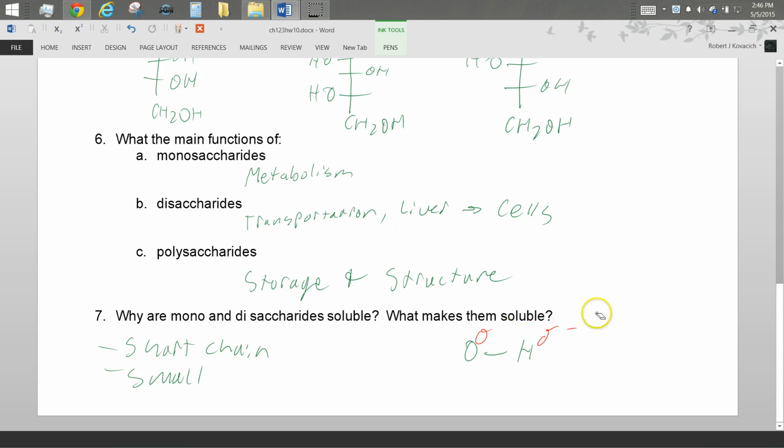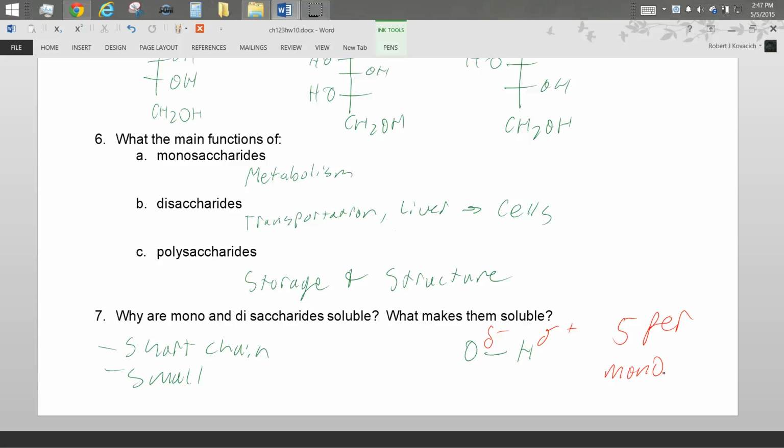Totally got that backwards. So how many of those OH polar bonds are there? Five of them per monosaccharide, plus they've got an oxygen inside the ring structure, so there are two more lone pairs of electrons that water molecules can attach themselves to. So there's lots of places.